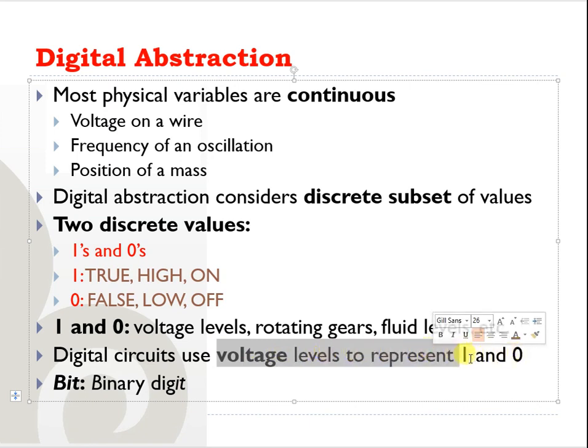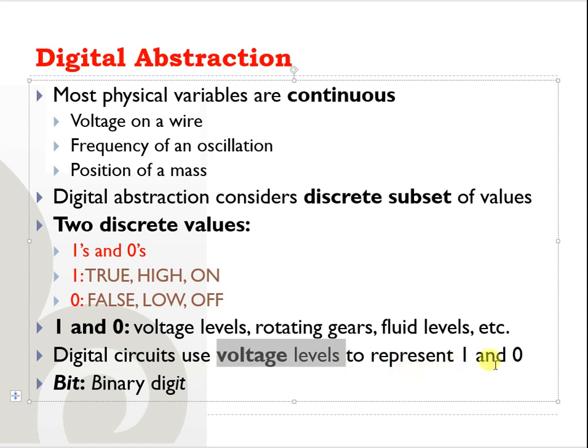So in most cases, 1 will be represented by voltage levels between, let's say, 4.5 and 5.5 volts, and 0 will be represented by a voltage level between 0 and 0.5 volt, for example. Again, we will see more details regarding this later. But for now, just keep in mind that in our digital circuits, the voltage levels will be used in order to represent the 1 and 0.